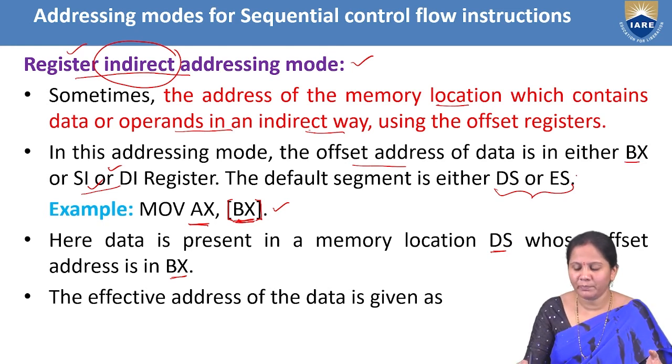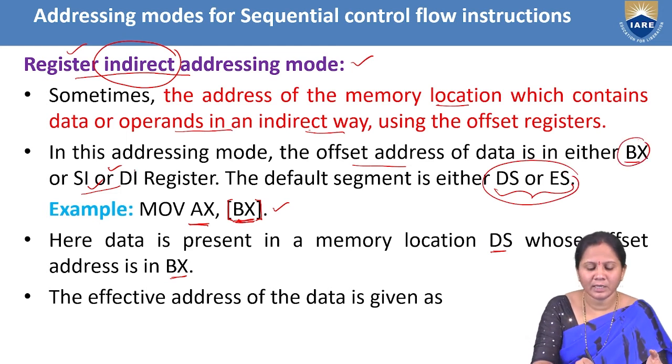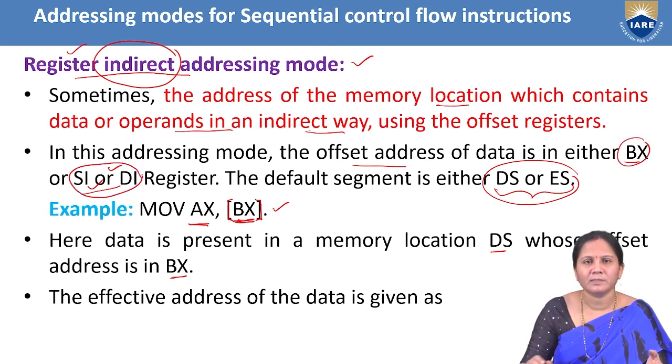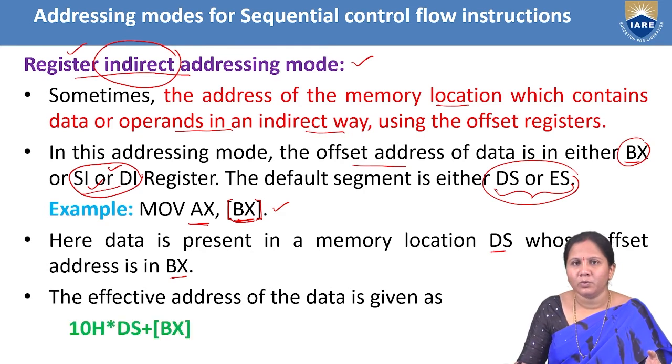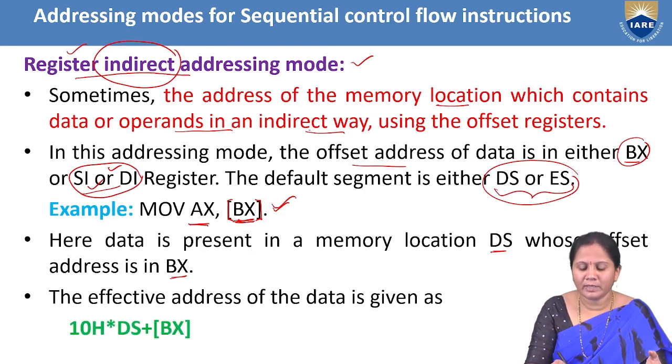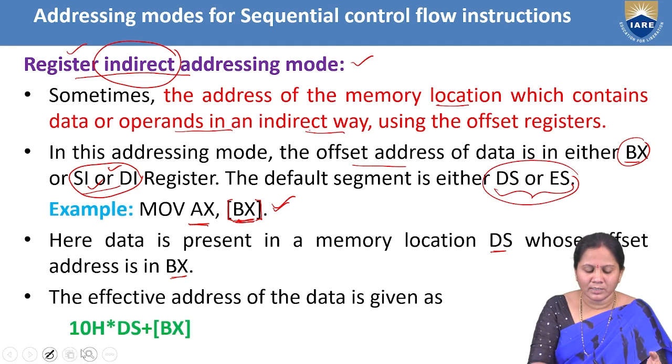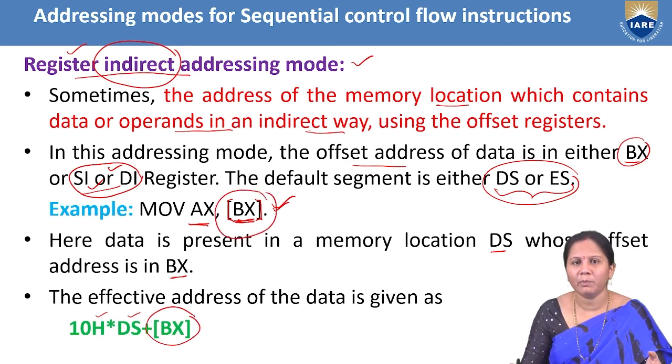Segment address from any of the segment registers and offset address from BX, SI or DI registers. So based on the considered example here, segment address into 10 plus offset address. Why? Because here in the example, the offset address is considered with the help of the BX register.